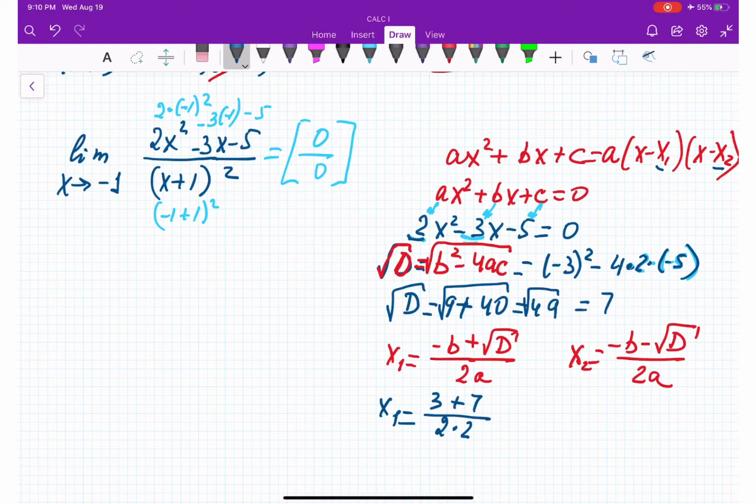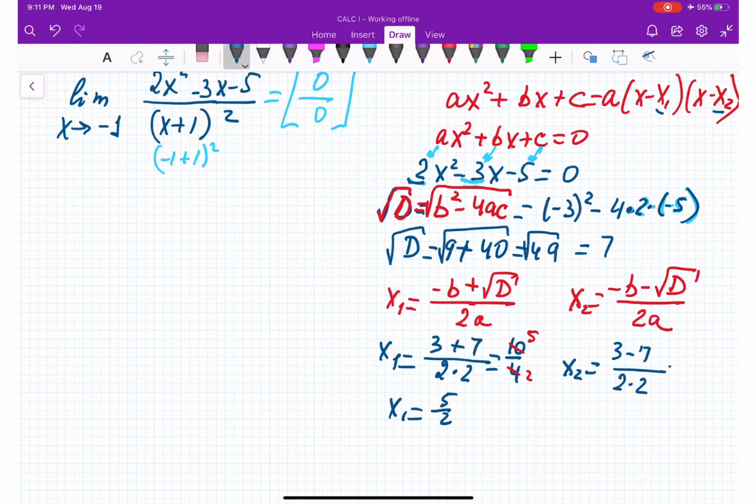And x2 is equal to 3 minus 7 over 2 times 2. Here we get 3 plus 7, 10, so 10 over 4, right? Which means x1 is 5 over 2. And x2 is negative 4 over 4, which means x2 is equal to negative 1.